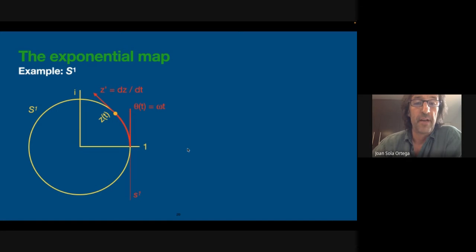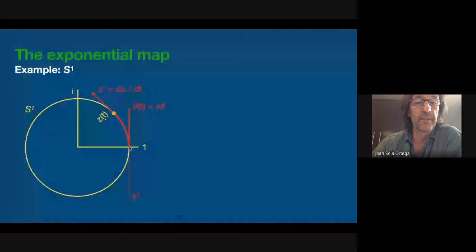You have a point that is rotating on this manifold. It's going this way. And a tangent vector that, if you integrate it, goes this way. Okay. Our idea here is that you can go from here to here, because these 2 points must be equivalent in some way. We must have a map that goes from here to there and back. This would be the exponential and the logarithmic maps.